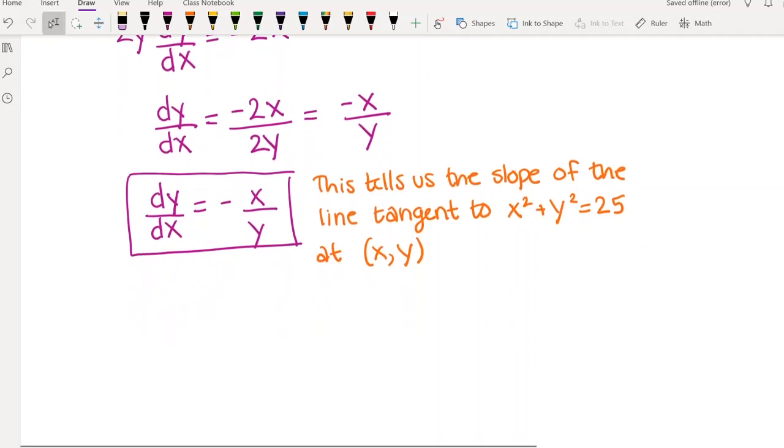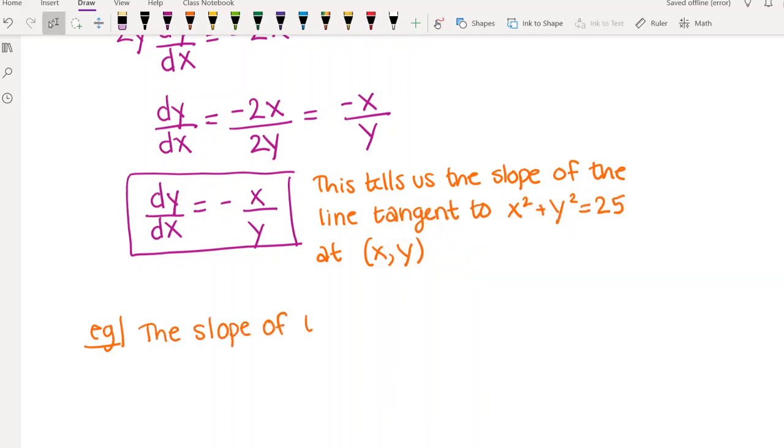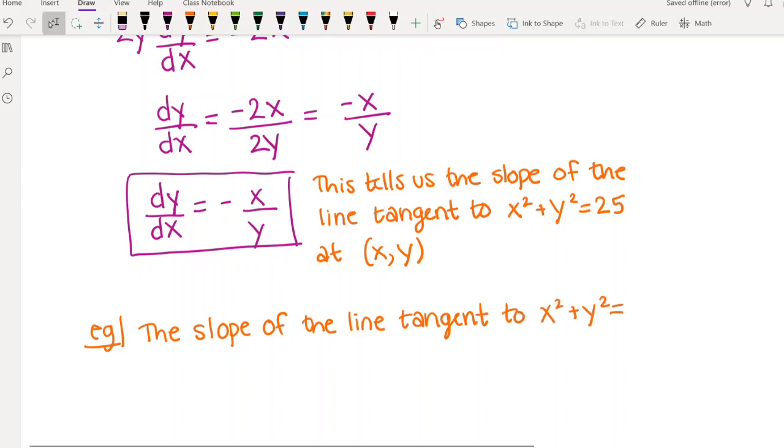So for example, let's say that we wanted to find the slope of the line tangent to x squared plus y squared is equal to 25.